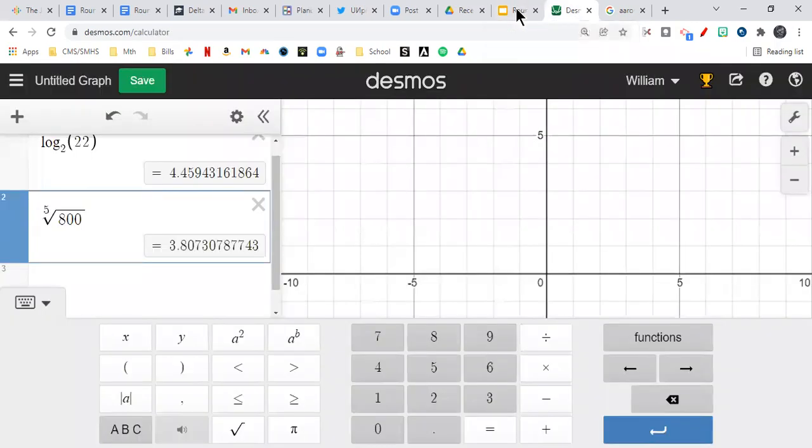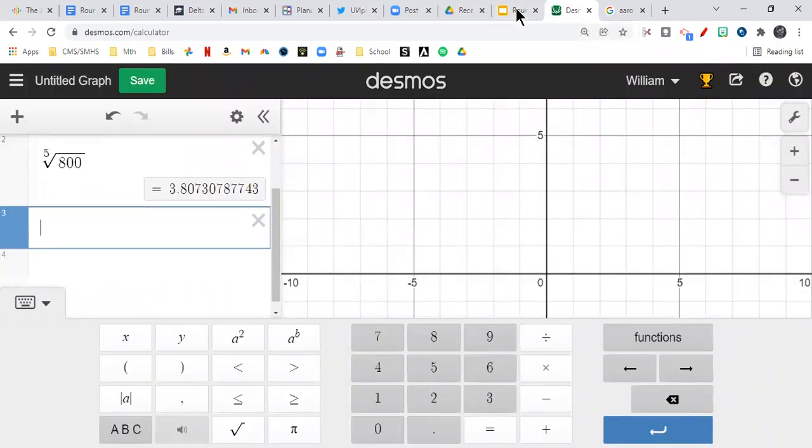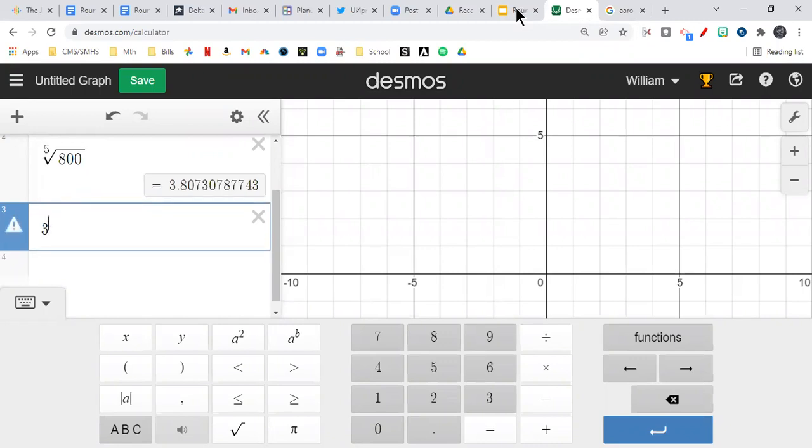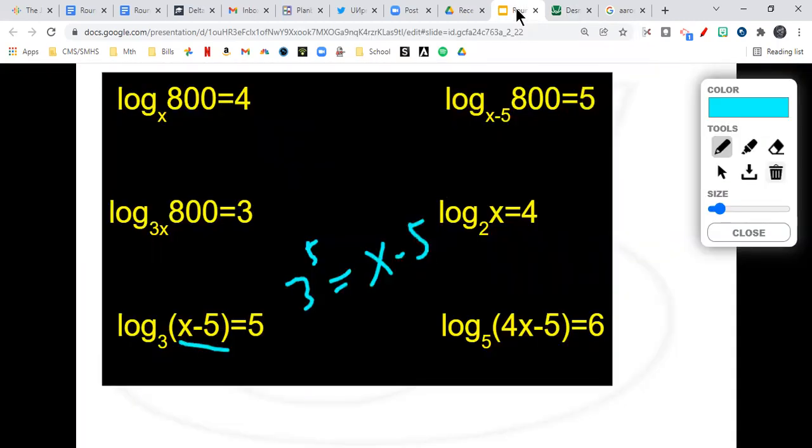I can just come on over here, and 3, if you hit shift 6, you get the little exponent there, to the 5th power, 243. So we got 243 equals x minus 5. Add 5 to both sides. That was 243. And we get 248 equals x.